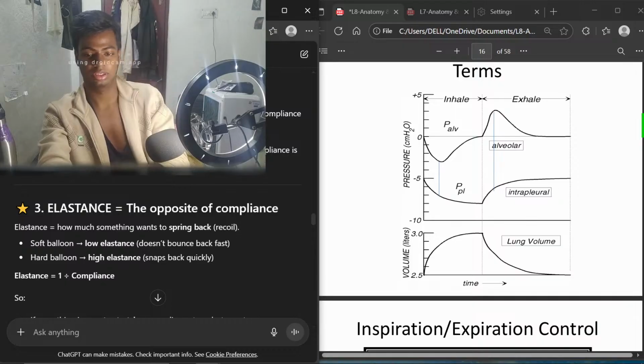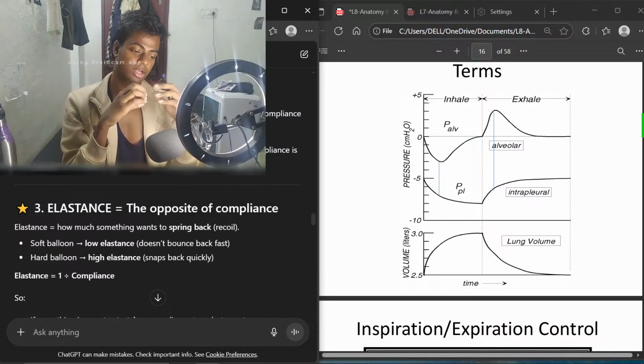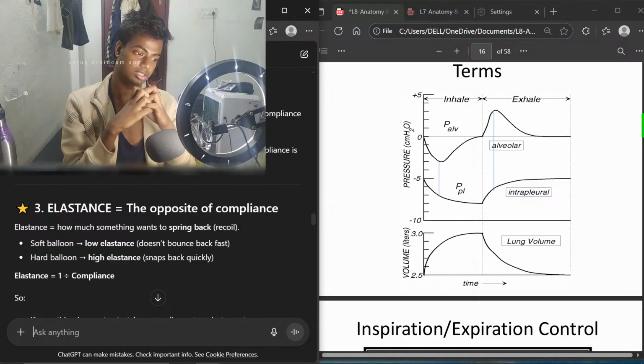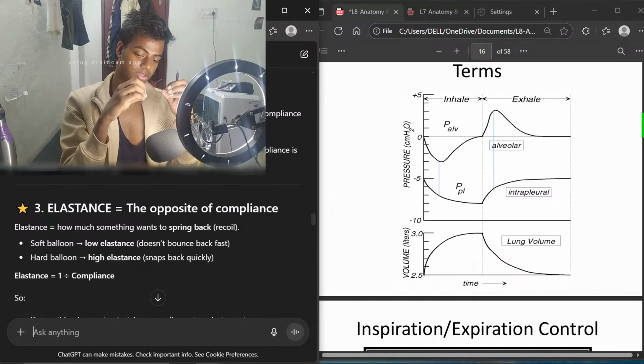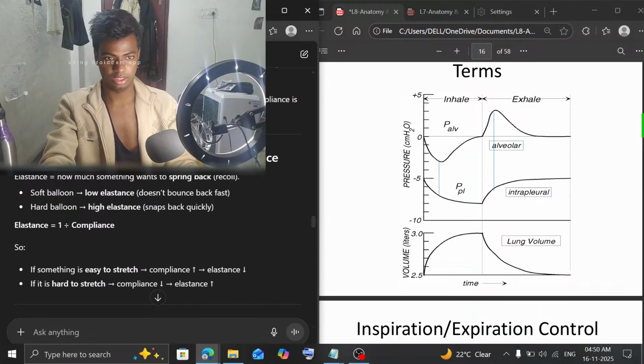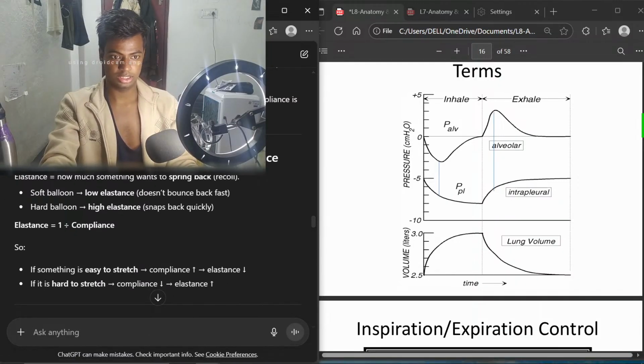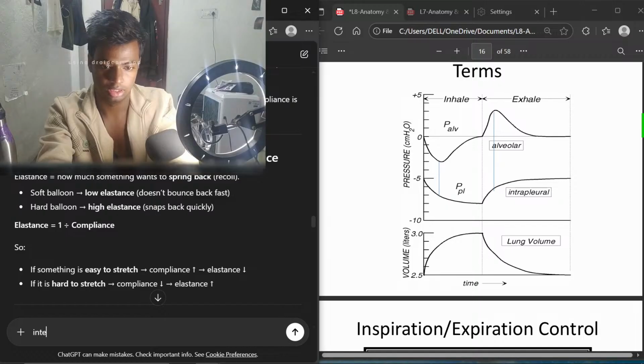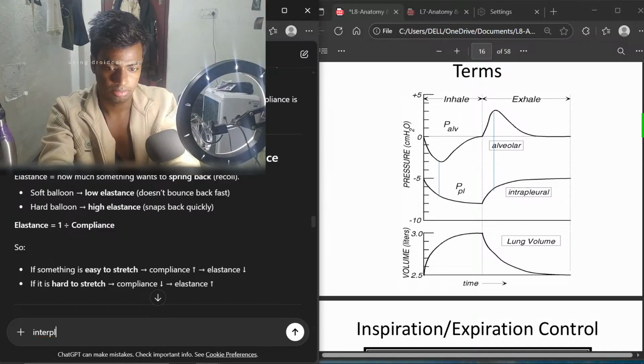If this is a balloon, the lungs form and they become like this, so it always forms an interpleural pressure.